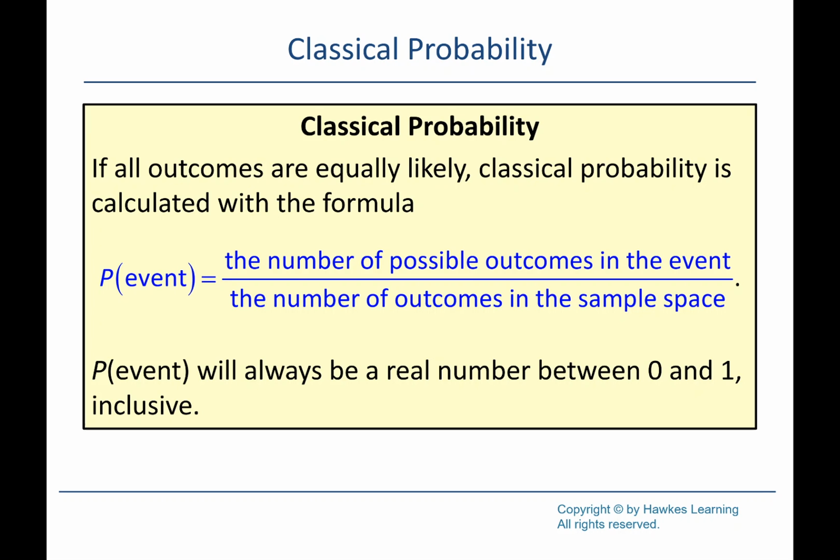We take the number of possible outcomes in the event, whatever we're looking for, the outcomes that have the characteristic we're looking for, divided by the total number of outcomes in the sample space. So we just take the number of outcomes that have the characteristic we're looking for and divide by the total number of possible outcomes.